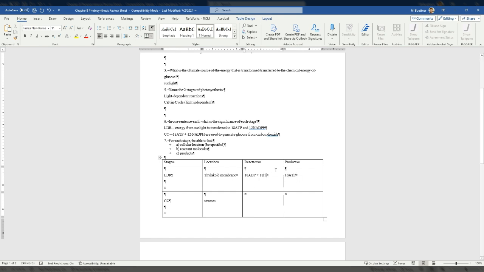We also have 12 NADP+, which becomes 12 NADPH. And the electrons that are transferred are coming from water.